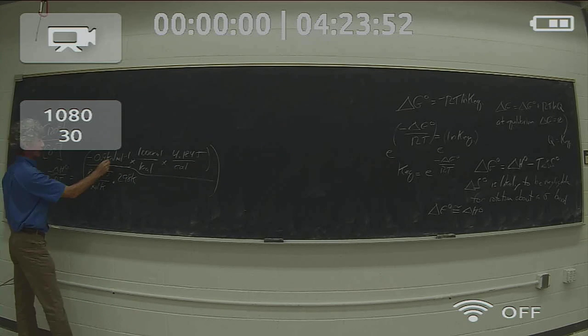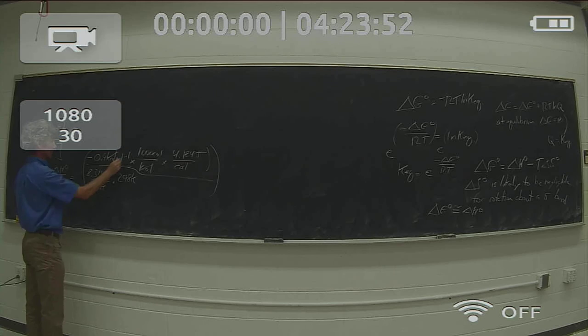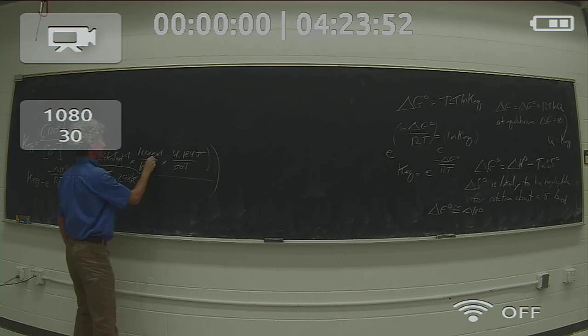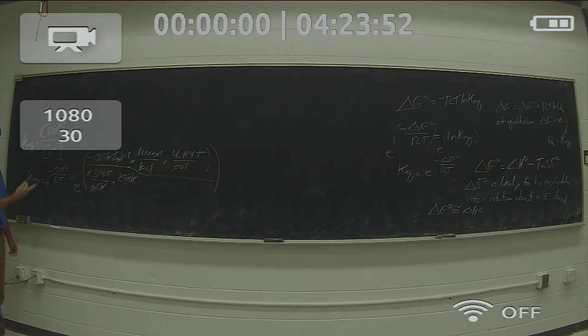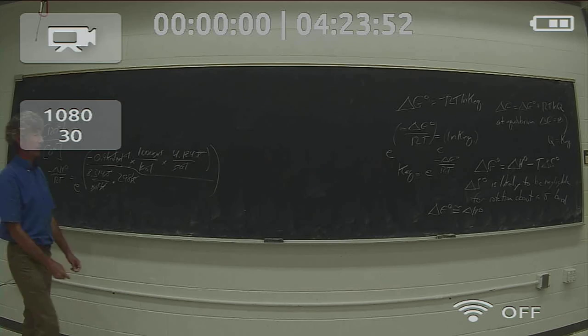So kilocalories will cancel, per mole will cancel, Kelvin will cancel, joules will cancel, calories will cancel. And if I plug that into a calculator, I can come up with a value for the equilibrium constant, which I can plug in for the ratio of the 120 degree conformer to the 0 degree conformer.